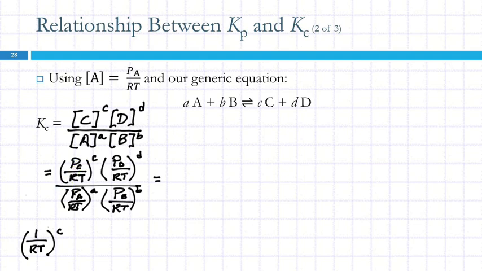Well, fractions get messy, so we could also write that as RT to the negative c power. Is everybody okay with that? When you change the sign of the exponent, you invert it. So by going from a positive c to a negative c, I turn it upside down, and now I've just got RT.